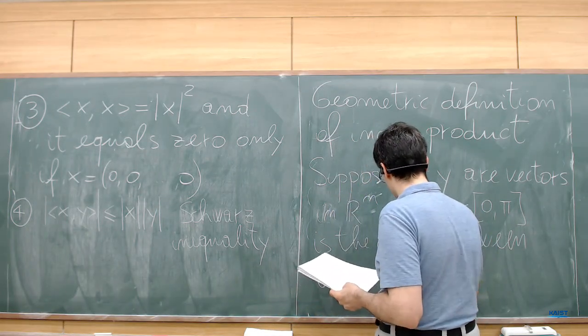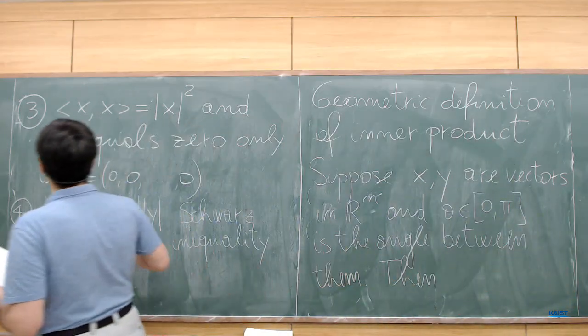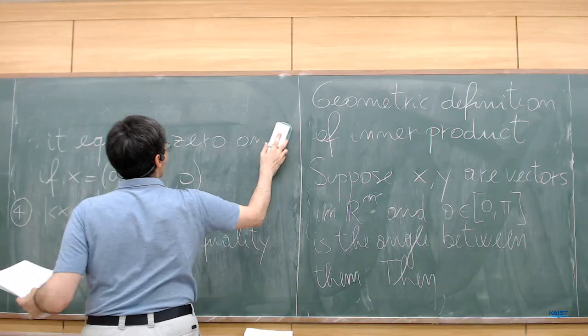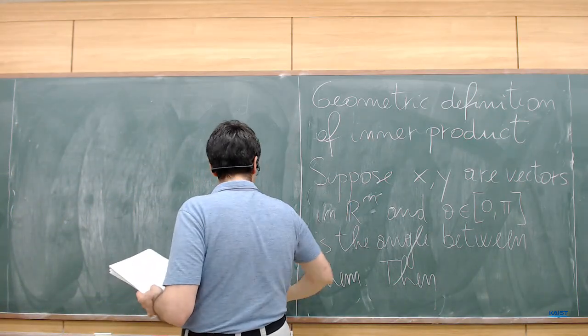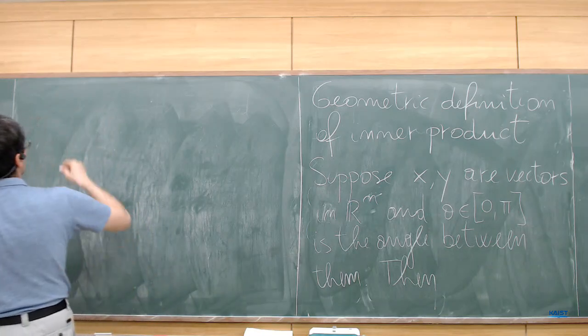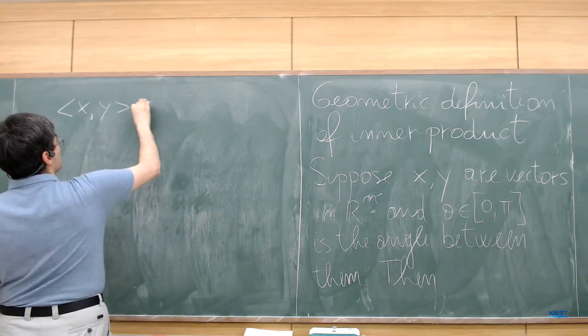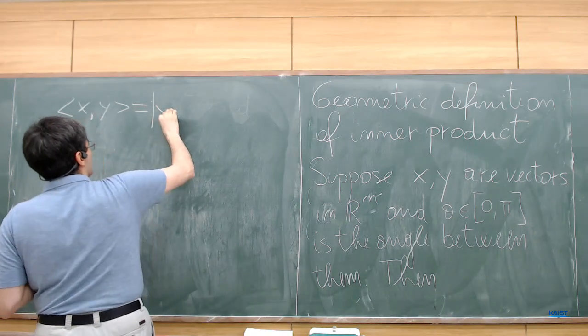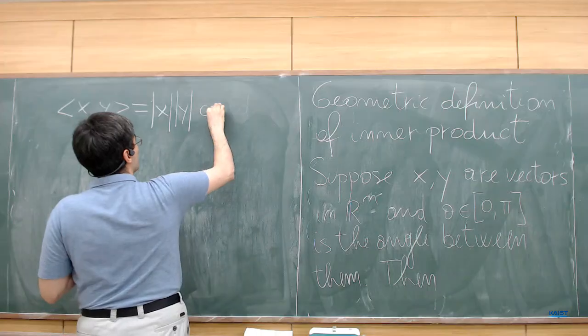Then the inner product of x and y can be defined as the product of the length of x times the length of y times the cosine of theta.